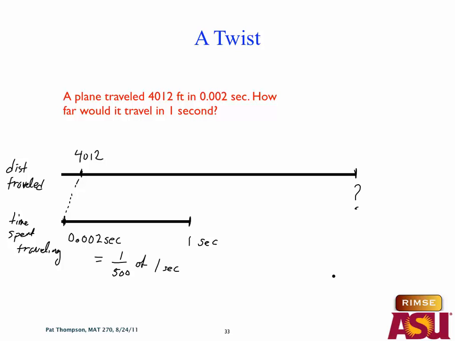So the question is, do we still divide? Well, you could, yeah. So we're thinking about it as multiplying by 500, right? Because we need 500 of these 0.002 second increments to get up to 1 second. So we need 500 distances of 4012.